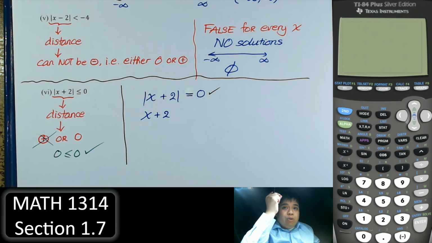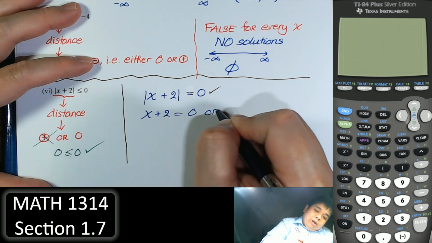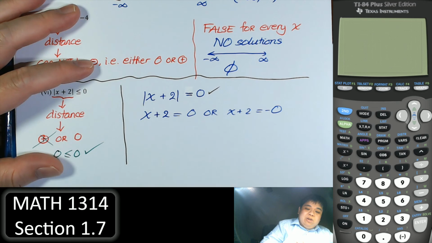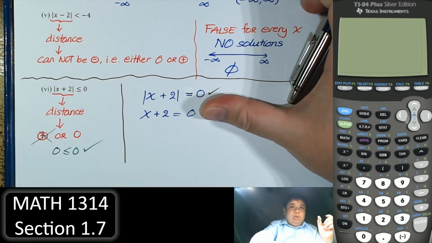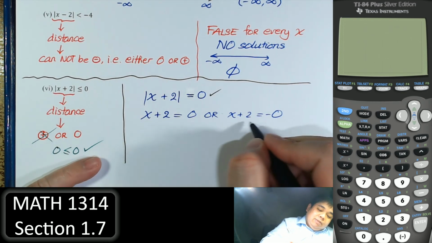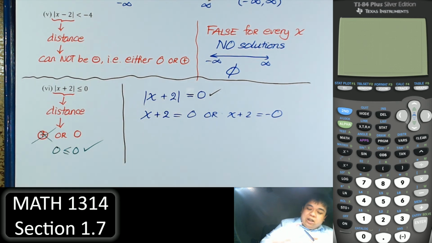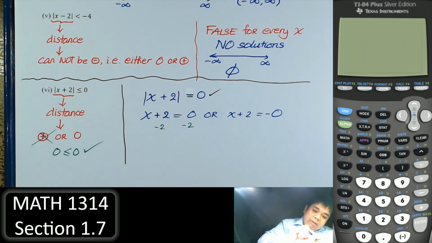If it is equal to 0, the distance is either equal to 0 or equal to negative 0. Negative 0 is still 0, so we don't really have that. So the absolute value is equal to 0, meaning it has to be equal to 0, and that's the only option. Right, of course, that's the same thing. Subtract 2 on both sides. So x is equal to negative 2.